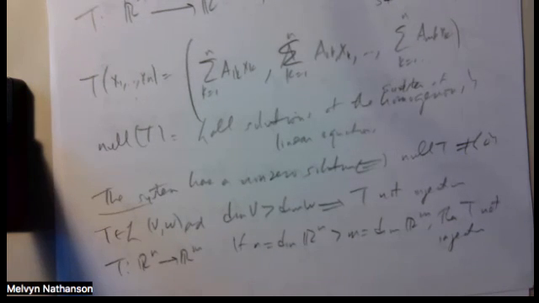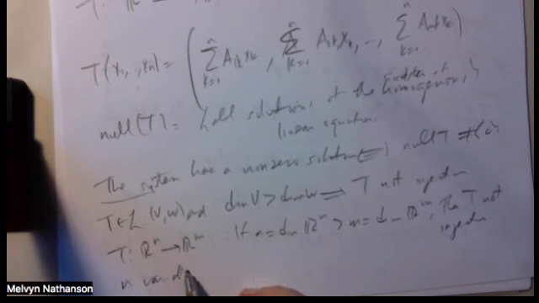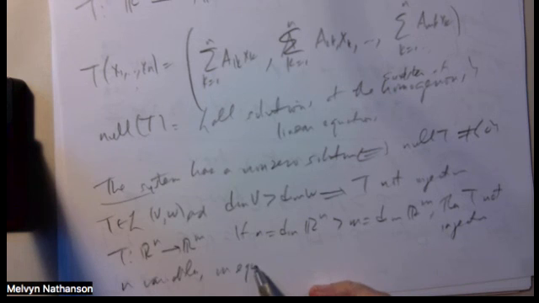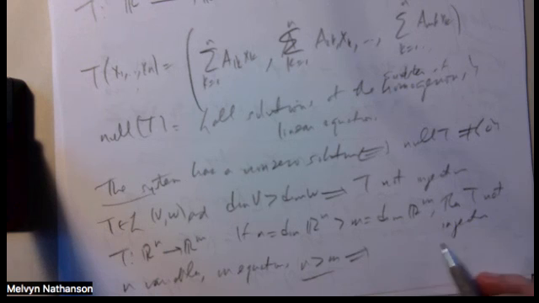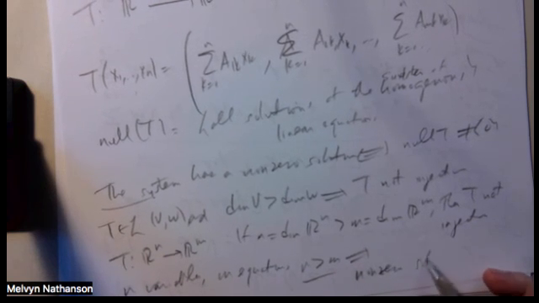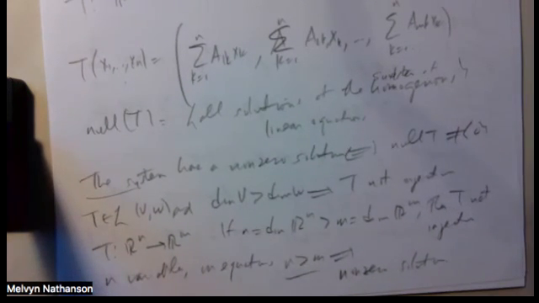What does this mean for our linear equations? If we have n variables, m equations, and n is bigger than m, then there is a non-zero solution. So this is just, in a sense, a fancy theorem from high school algebra, but it's very useful and very important. You have a homogeneous system of linear equations and more variables than equations, the system always has a non-zero solution.